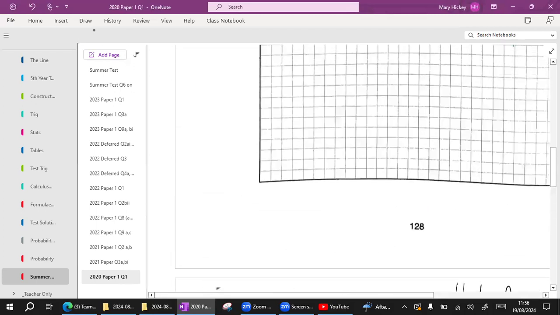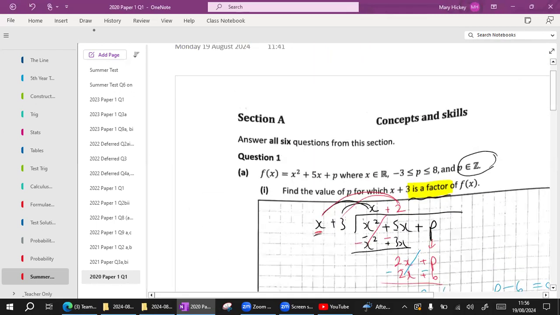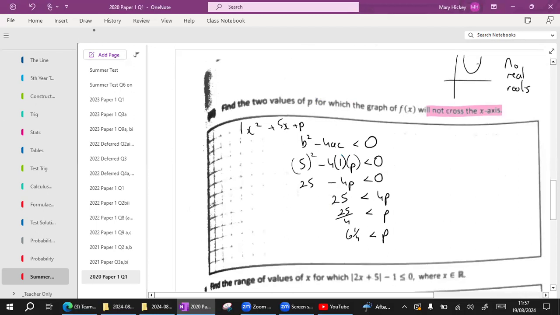We were also told at the beginning, if we go back, that p has to be a whole number, either positive or negative. And we're also told that p is somewhere in between -3 and 8. So if it's bigger than 6 1/4, it can't be 6 1/4 itself because it has to be a whole number.